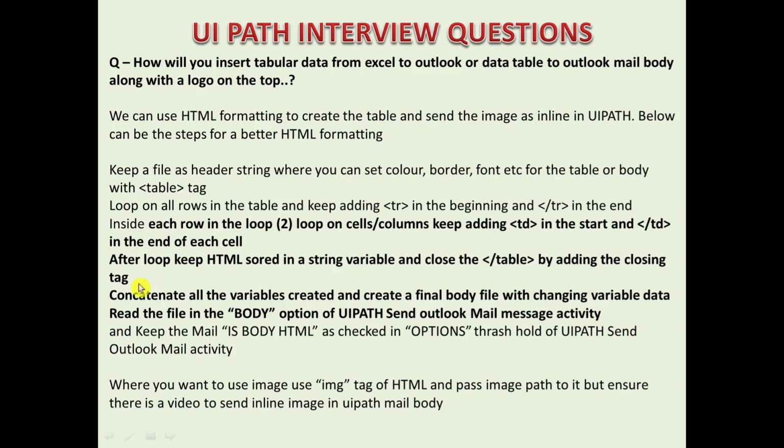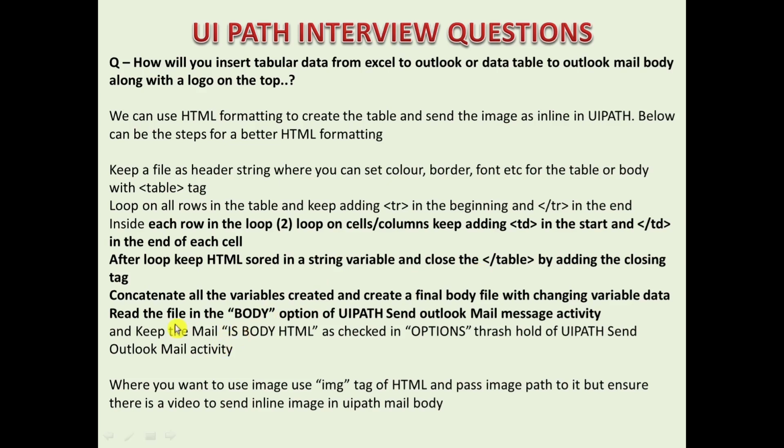After the loop is completed, you will have the HTML table available in a string variable, and into that variable you can add the closing tag also. After the closing tag, you have to close the body of the HTML. Now you can save this as a separate text file.